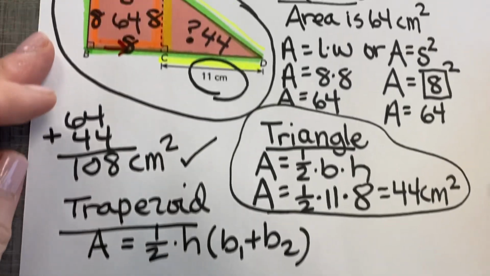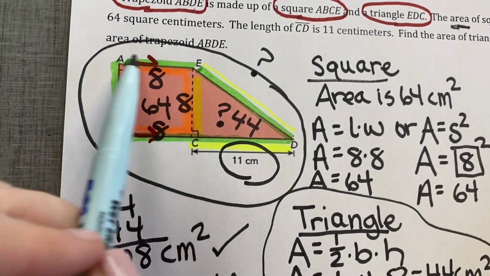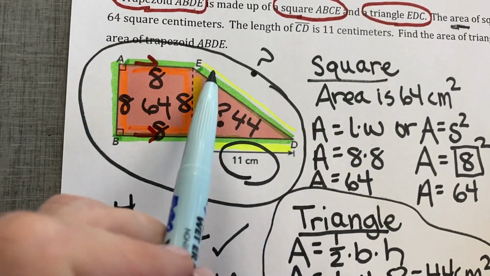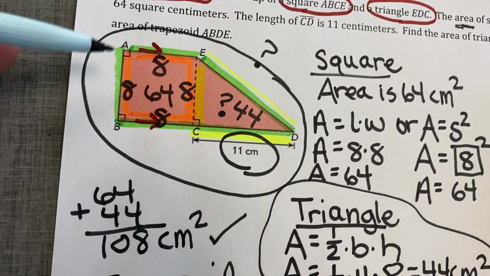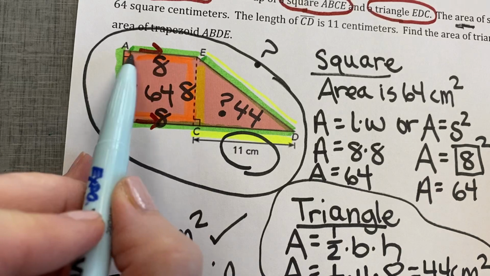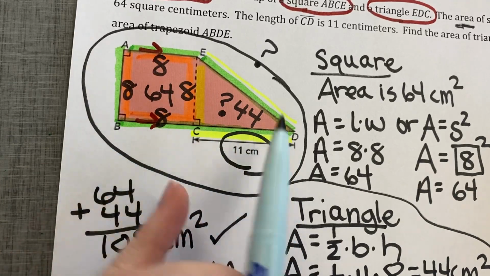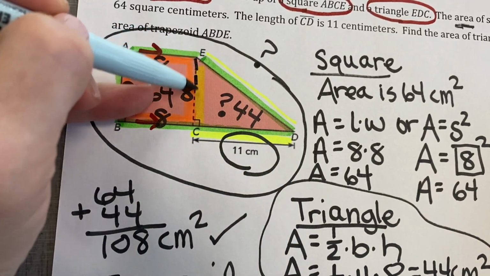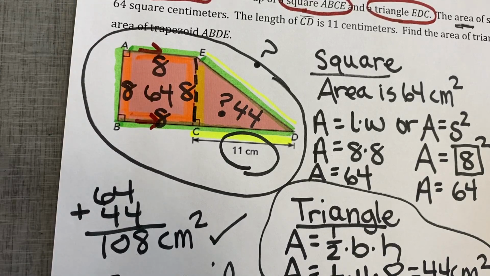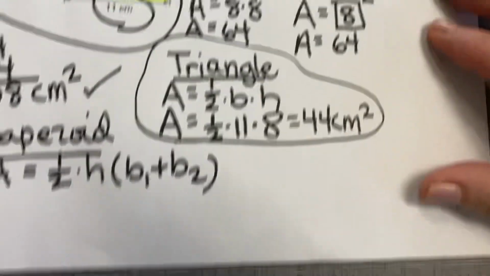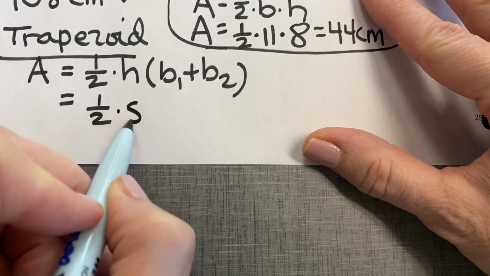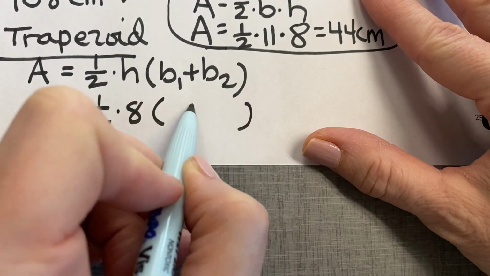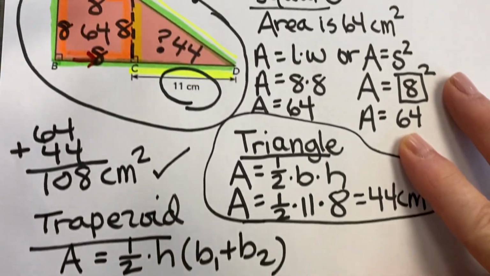Now again, your eyes have to be gazing at the entire trapezoid here. Okay, so do we have the height of the trapezoid? Well, let's see. Height is the distance between these two bases. So yes, I think we have the height right here. The height of the trapezoid would be 8. So let's put that in. 1/2 times 8. And now we need to see if we have the base length. So let's see.